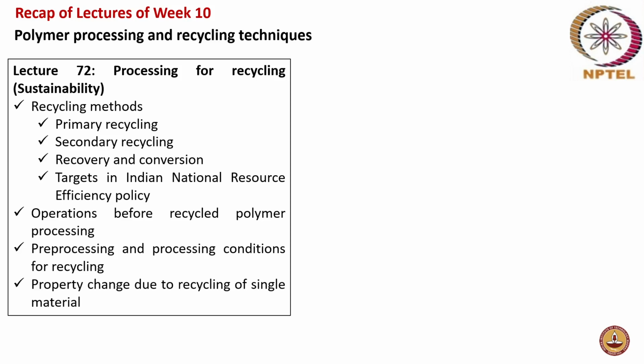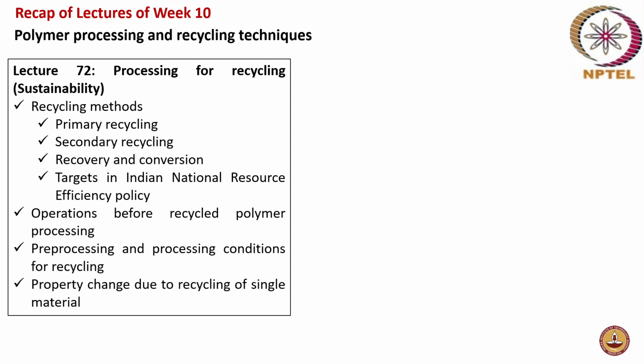Or there can be micro separations or molecular level separations, like molecular level separations based on use of solvent and anti solvents. And then consolidation, cleaning, cutting, crushing, granulating, and grinding operations, machining required for polymeric material. So these were all discussed in operation before recycling.